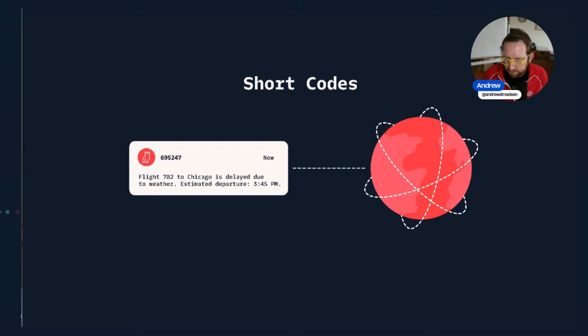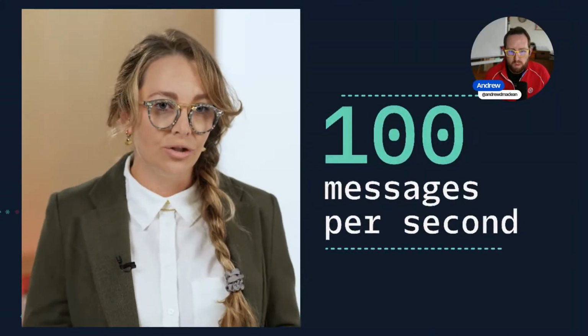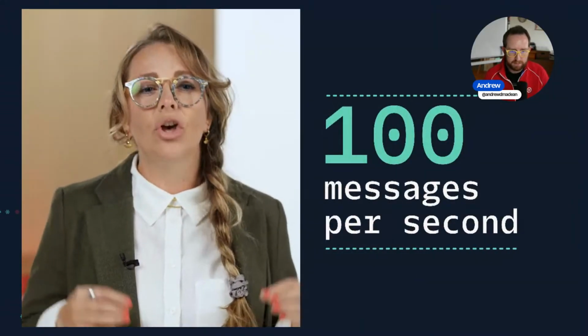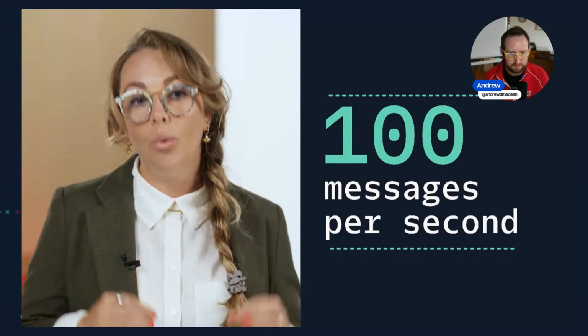Their short length also makes them more recognizable than other numbers. Some brands will even try to buy vanity short codes, like a vanity license plate, which can spell out key characters of their brand's name. Short codes are also built for situations where speed and scale are essential. They can send messages at a rate of 100 messages per second, making them the go-to option for companies that need to send thousands of messages quickly.